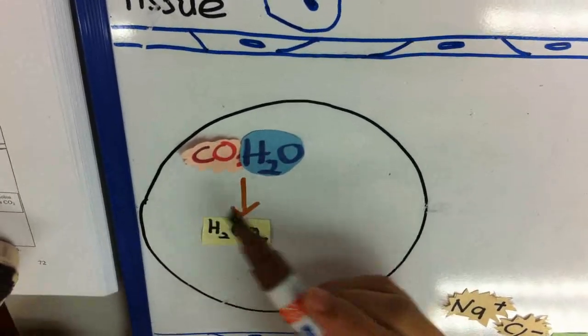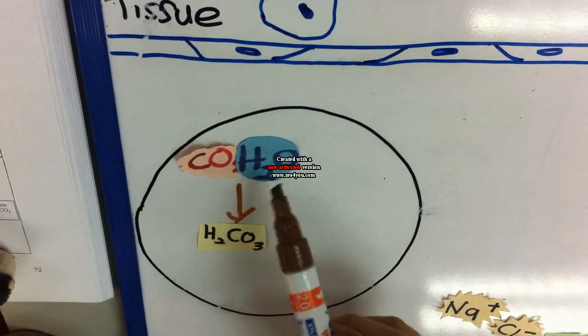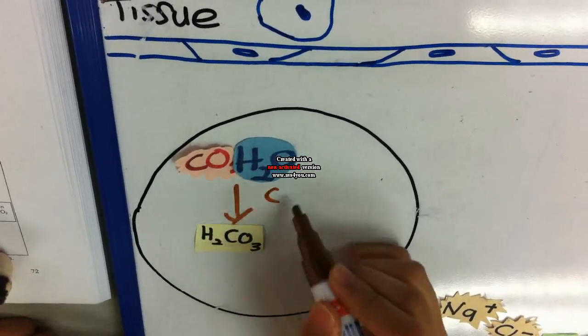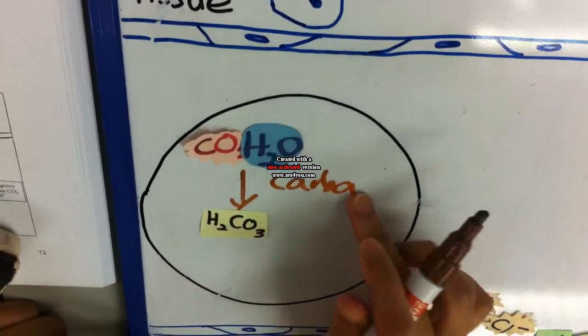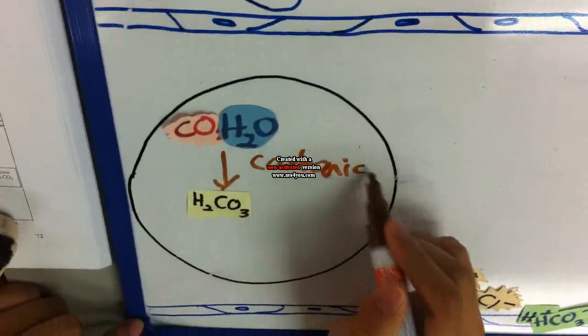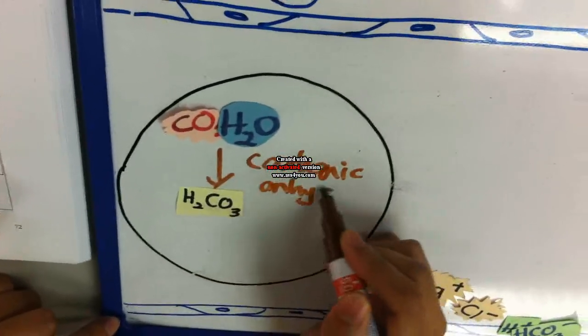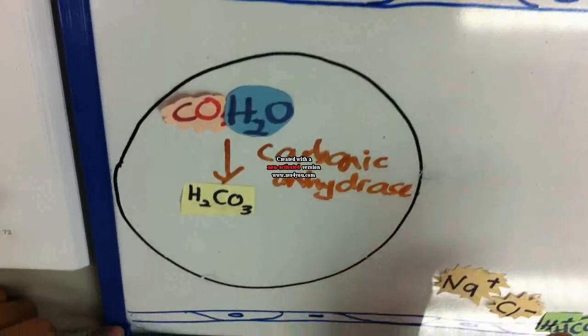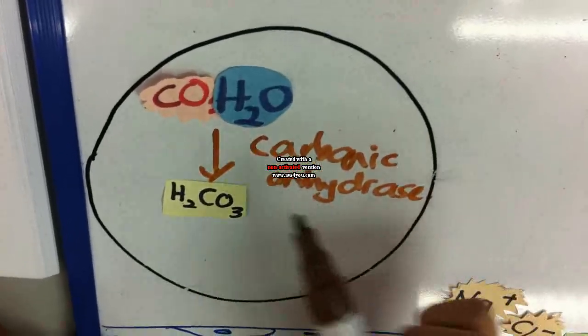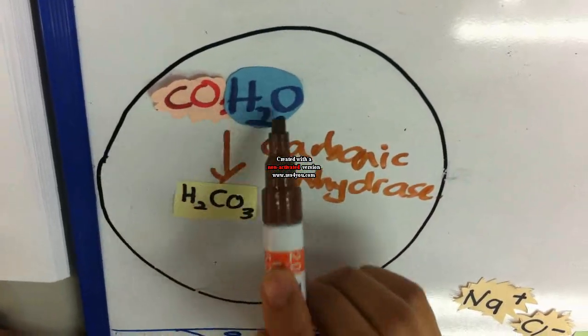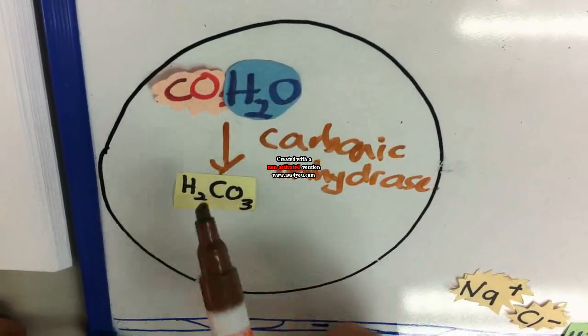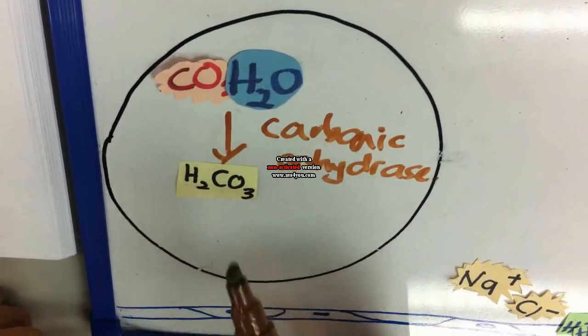But this process of combining CO2 and H2O is helped by one enzyme, which is carbonic anhydrase. This enzyme makes this combination of CO2 and H2O more efficient. That's why this is the most abundant way of transporting CO2.